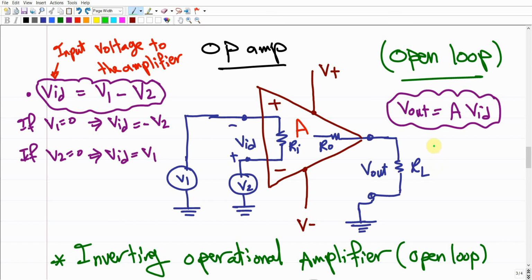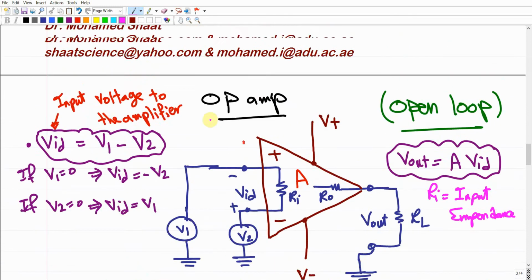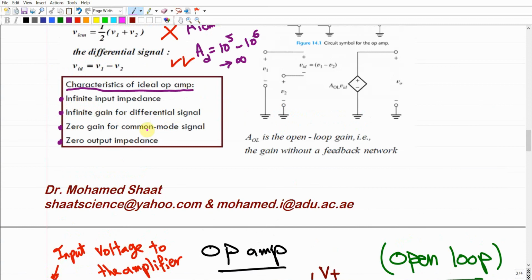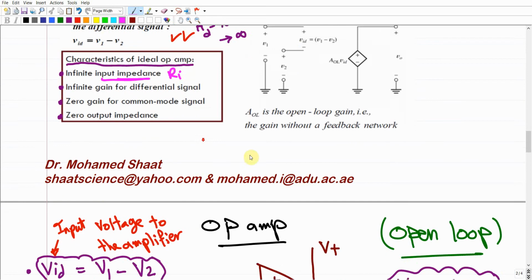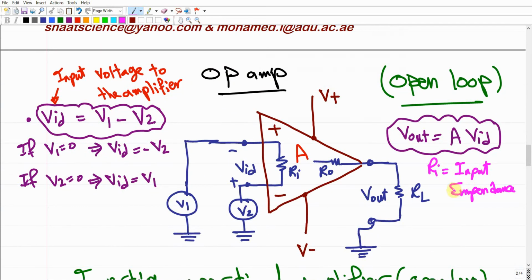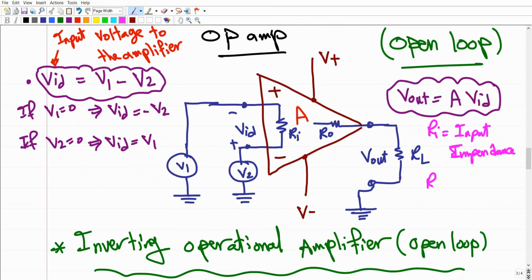So RI is the input impedance that we just mentioned up there, which should be R input. This is our input and our output, and this R is the output impedance.